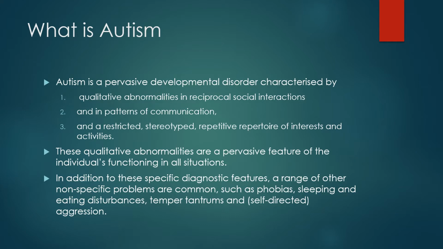What is autism? Autism is a pervasive developmental disorder characterized by qualitative abnormalities in reciprocal social interactions and in patterns of communication, and a restricted, stereotyped, repetitive repertoire of interests and activities.